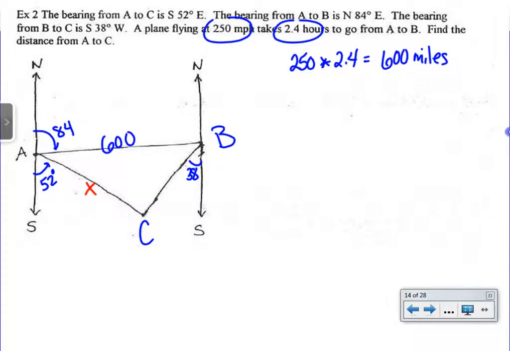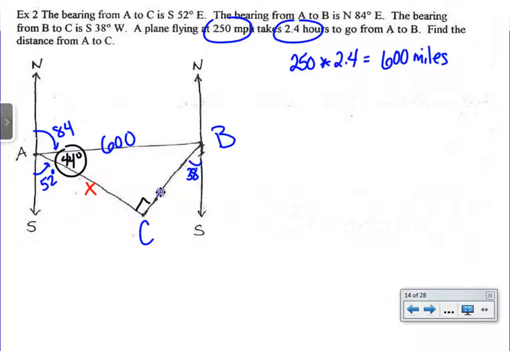Okay, well, let's fill in some things that we can calculate. From here down to the south line would be 180 degrees. So if I do a little subtraction, 180 minus 84 minus 52, I'm going to get a 44 degree angle right here. And I think I have enough information now to go ahead and find this answer. If I take it from this angle, remember these are always going to be right triangles.